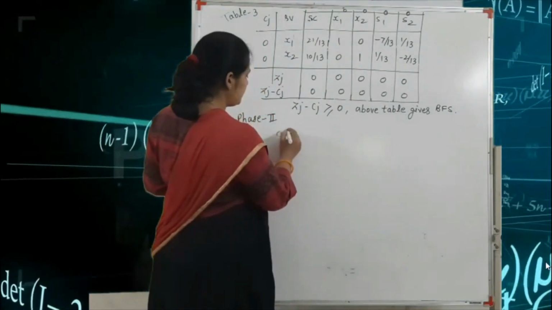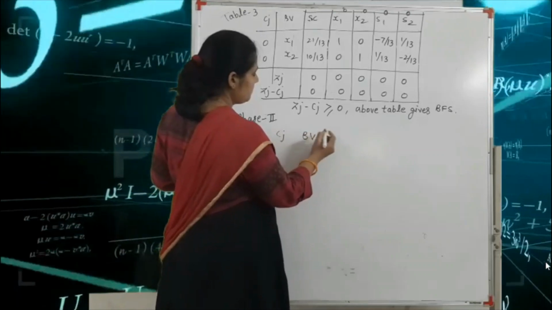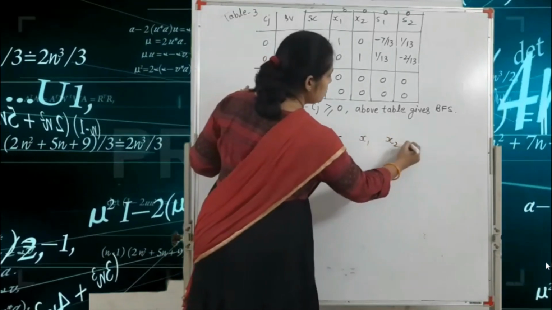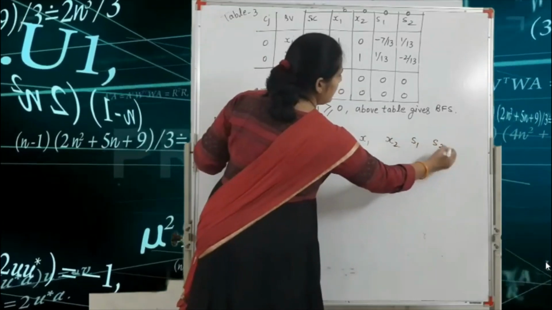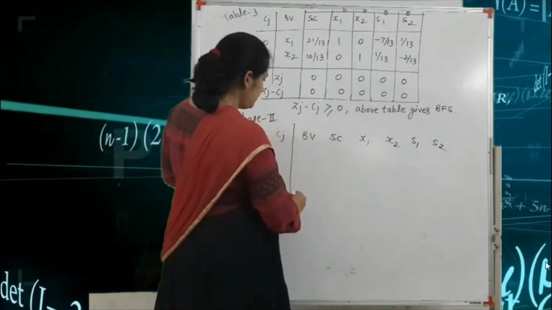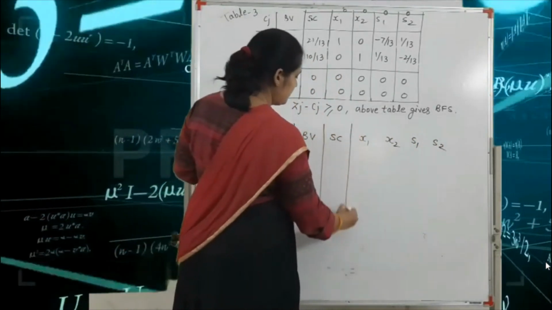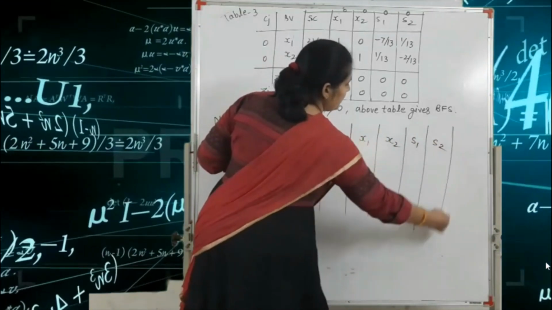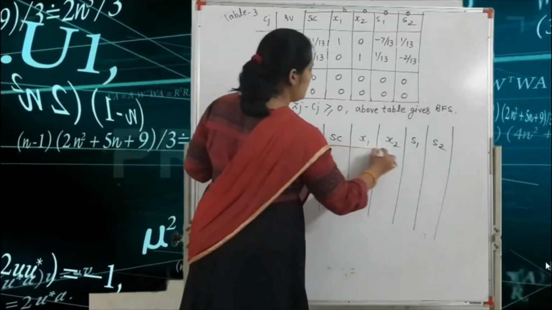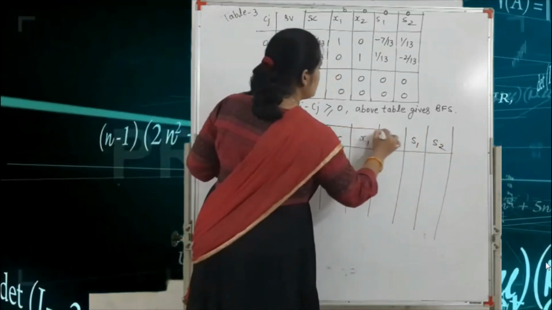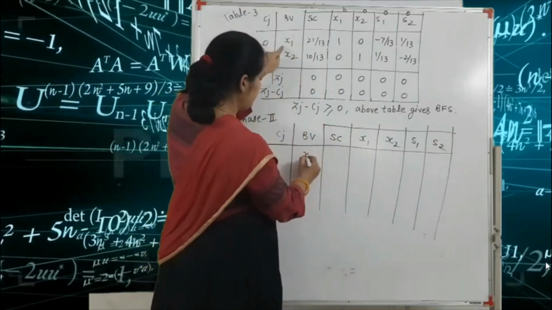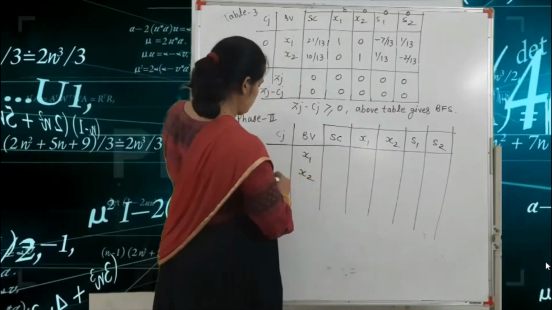Here we write Cj, Bv, solution constant, x1, x2, s1 and s2. Here we write the basic variables. That means first we copy the last table of phase 1 as the first table of phase 2. So here we write x1, x2.